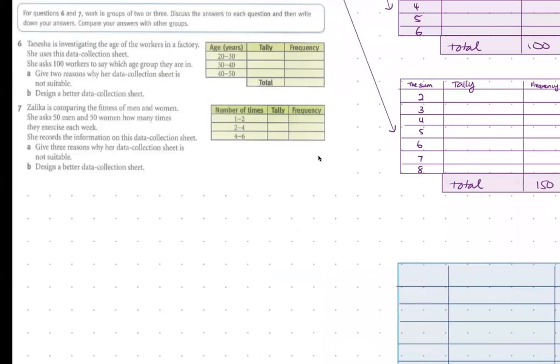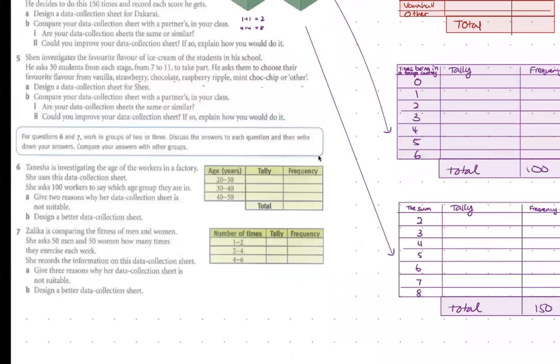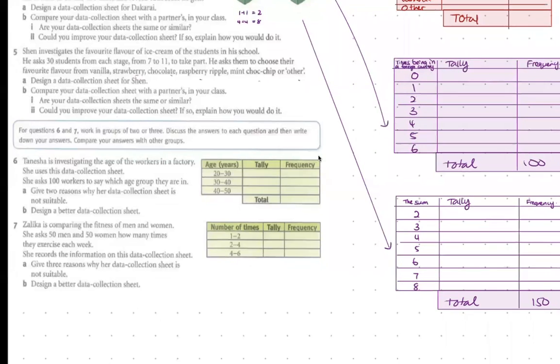I can actually see it here. 30 students from each stage means 7, 8, 9, 10, 11. So 5 classes, the total of 150 as well. So this is flavor of ice cream. Tally, frequency.